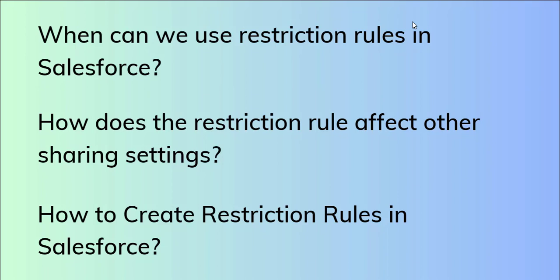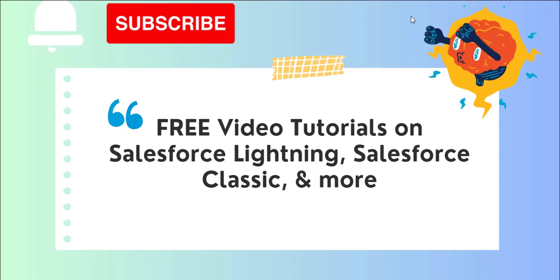When the restriction rule is applied to the user, of the records they had access to from sharing settings, only records matching the record criteria remain. That means it does not affect any sharing settings. They can only see those records for which we have defined the record criteria.